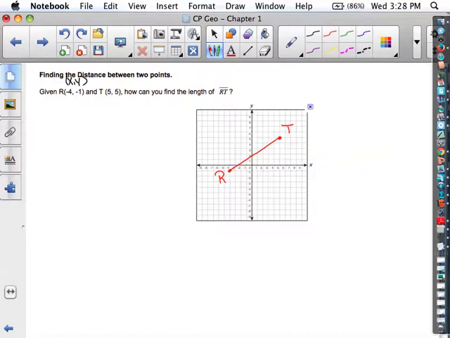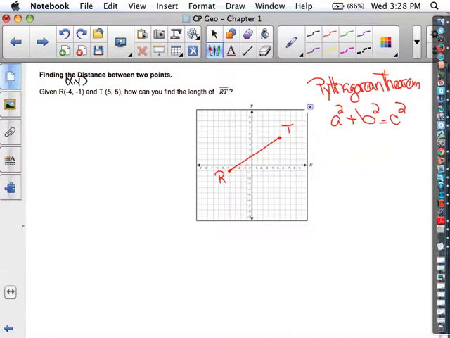Now, I don't know how many of you remember the Pythagorean theorem. You should have seen that in middle school. A squared plus B squared equals C squared.